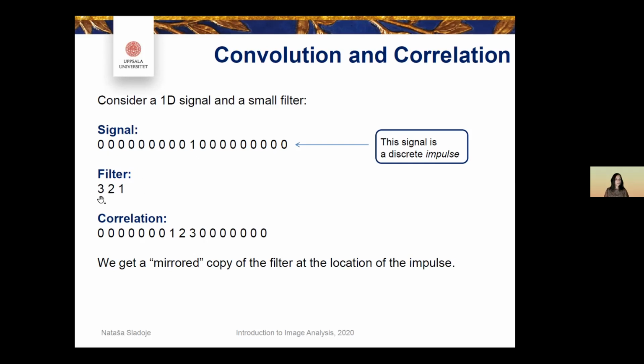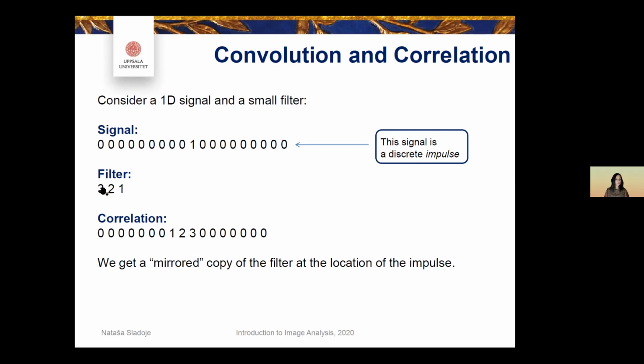Let's look at a very simple small filter, which is described here, and let's apply correlation. We are sliding this filter over this signal and computing a weighted sum over the signal by this filter, and the response is as we see. So this is the correlation.